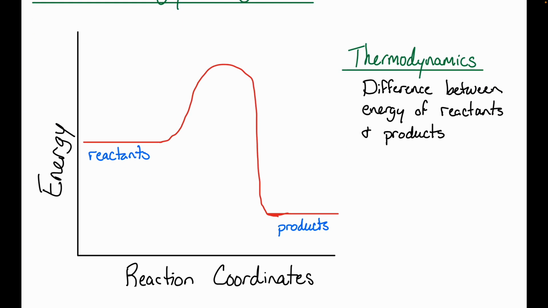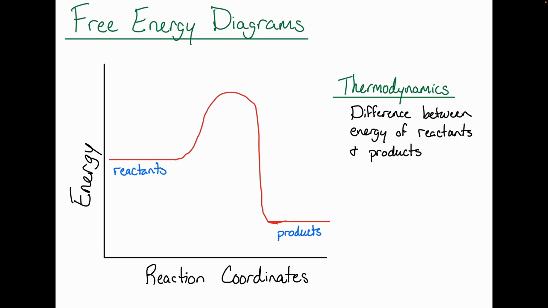All right, remember from Chem 1B, in terms of the free energy of a reaction, in terms of the thermodynamics of a reaction, all that matters is where you start and where you end. It doesn't matter how you get there. So if we're looking at this graph here, the only thing that I'm paying attention to when I'm talking about the thermodynamics of the reaction is my reactant energy compared to my product energy. So this gap right here tells me about my thermodynamics of my reaction. All right, my delta G.